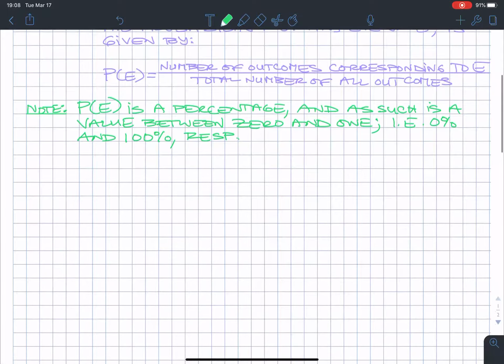Okay, so finally, an example. So for example, let's find the probability of the following events.